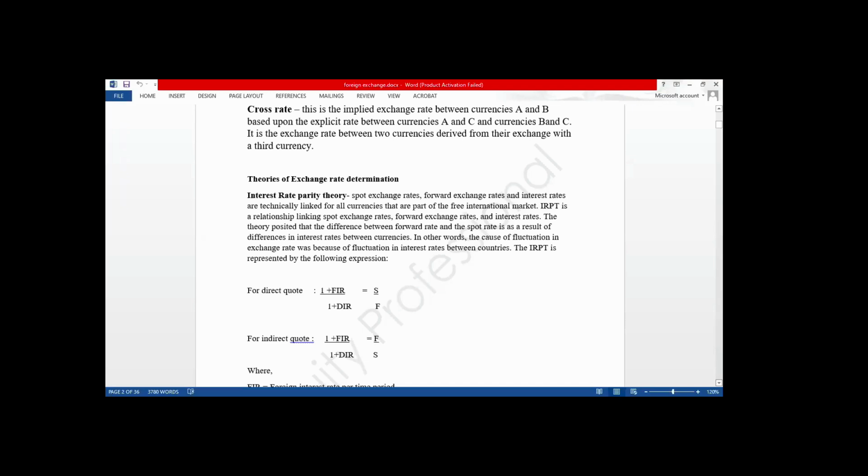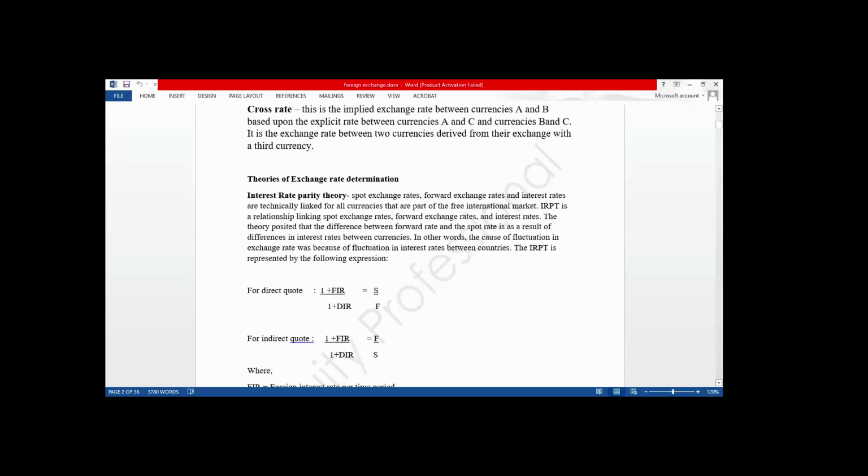That is what this theory is trying to tell us. That it is the differences in interest rates that is causing differences in exchange rates. That is why 1 naira is not equal to $1. This theory can be used to forecast future exchange rates.